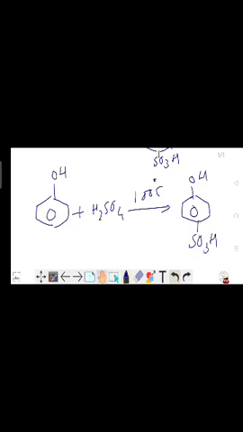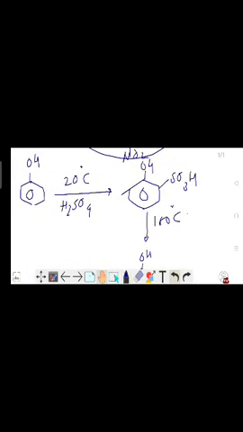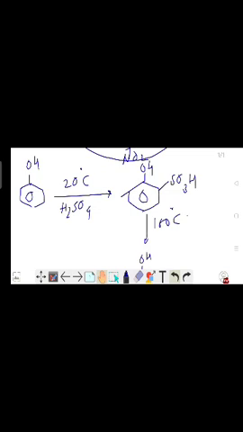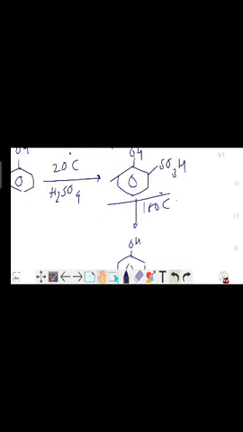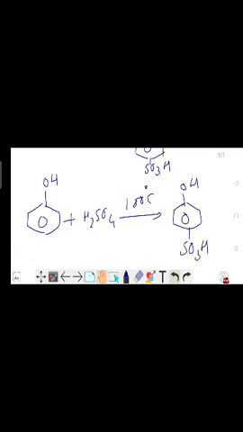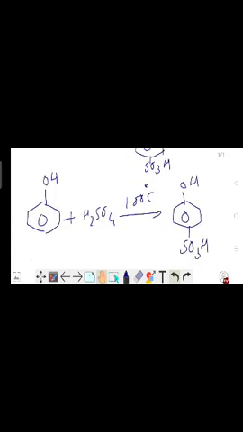But at ordinary temperature it first produces orthophenol sulfonic acid, and after heating this orthophenol sulfonic acid transfers into paraphenol sulfonic acid. But if you heat directly, then it directly transfers into paraphenol sulfonic acid.